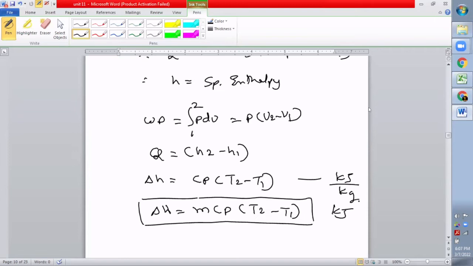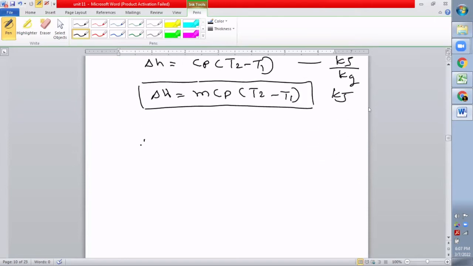Now, if you compare del U and del H, del U is nothing but U2 minus U1, and del H is equal to H2 minus H1.